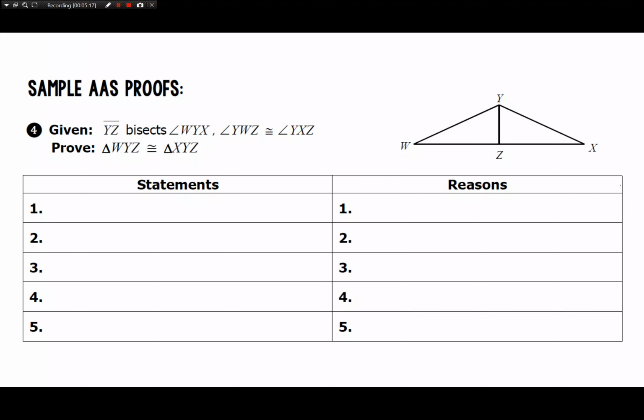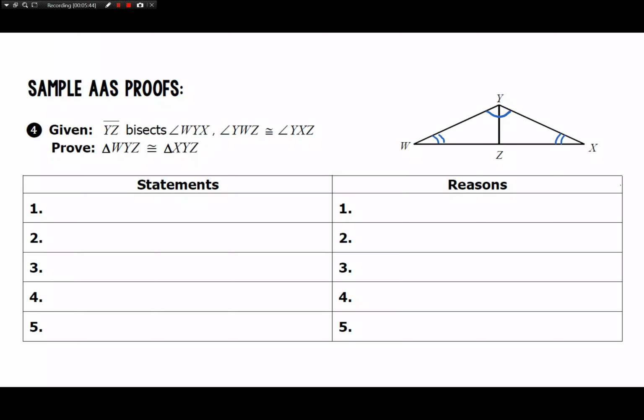So again, we're going to first mark our picture. If we know that segment YZ bisects angle WYX, then we have these two angles that must be congruent. The second part says that we have angle YWZ congruent to angle YXZ, so that means that these angles must be congruent.